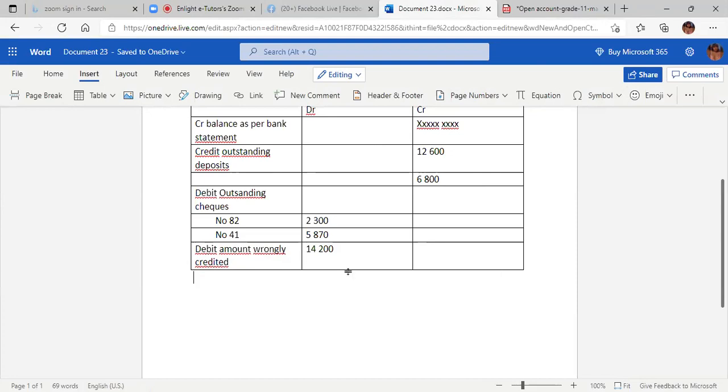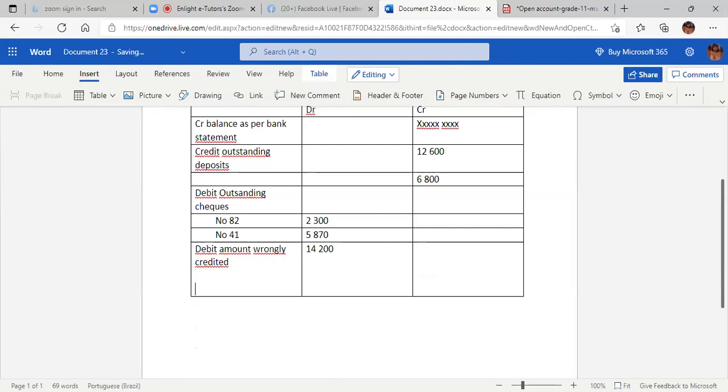Okay, so please calculate for me, after the last column, the balance.